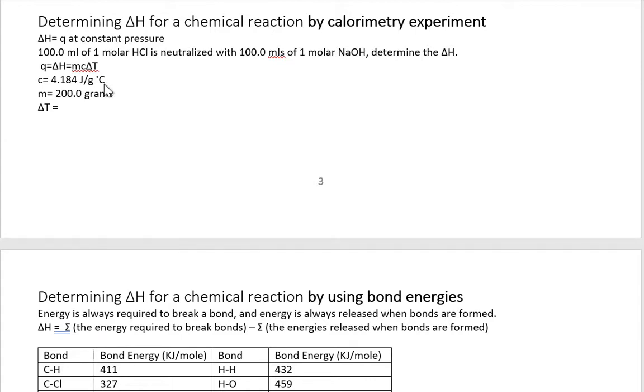The mass is going to be 200 grams because we're going to have 100 grams of 1 molar sodium hydroxide as well as 100 grams of 1 molar hydrochloric acid. And so all we have to do is figure the delta T. When I ran through this, my change in temperature was 7.75 degrees Celsius. So let me show you how I solved my equation.